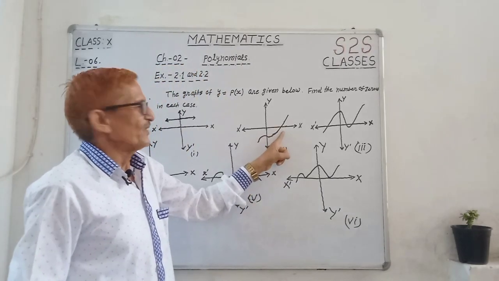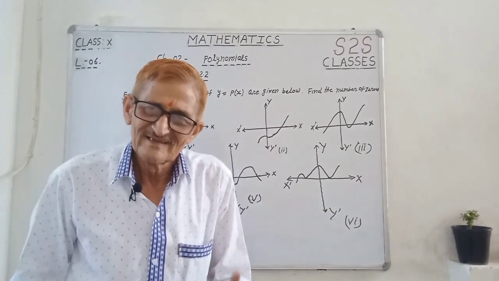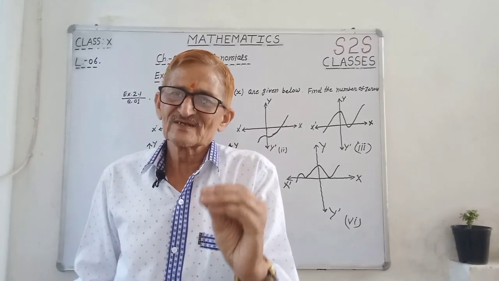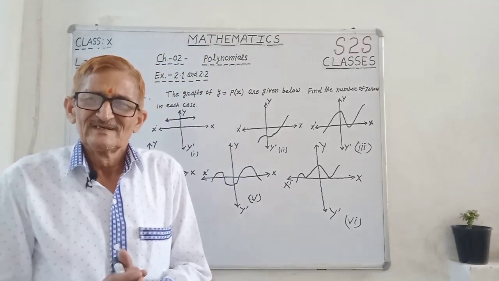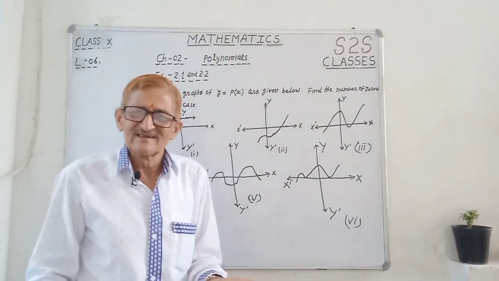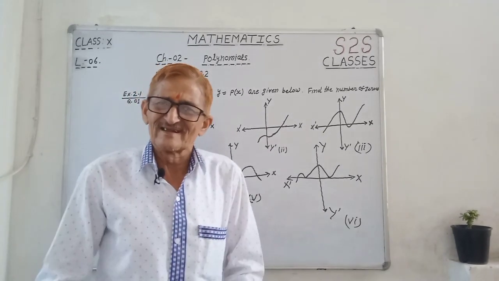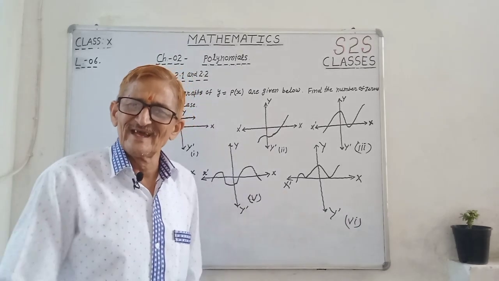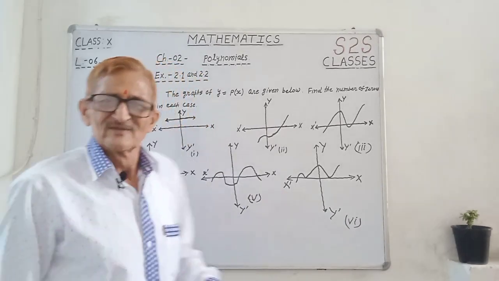So how many points are there where the graph cuts the x-axis? That you have to count. So how many zeros are there? That is, how many values of x are there? How many points are there by the graph on the x-axis?